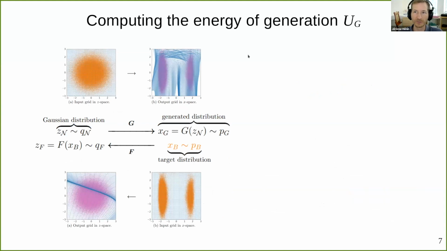And then, of course, we need to compute the energy of generation. This introduces more notation. Our Gaussian prior, the points are called Z, and Qn is a normal distribution. The generated distribution is PG, and our target is PB, the Boltzmann probability, and QF is the backward image of the Boltzmann distribution in the latent space.